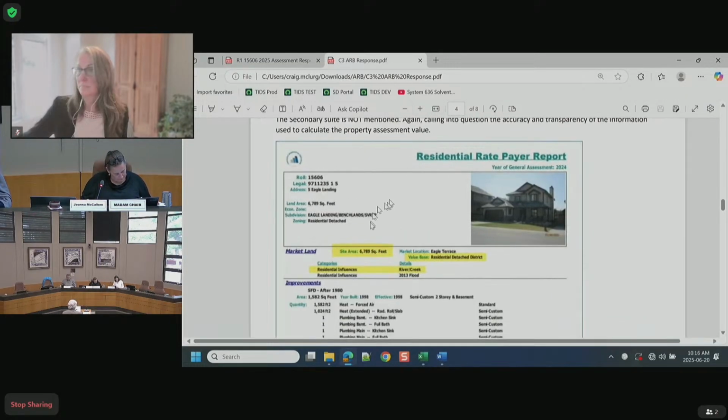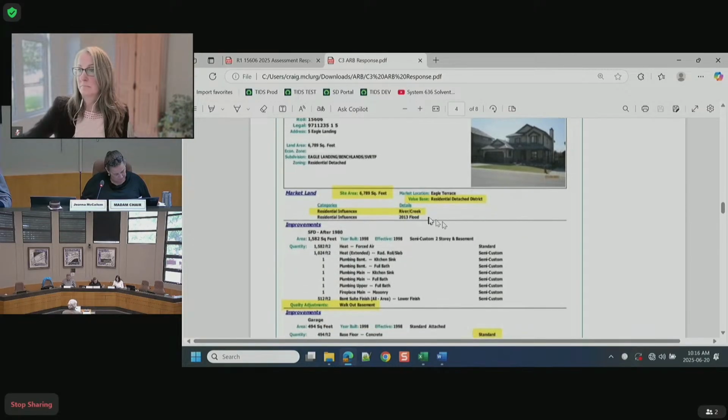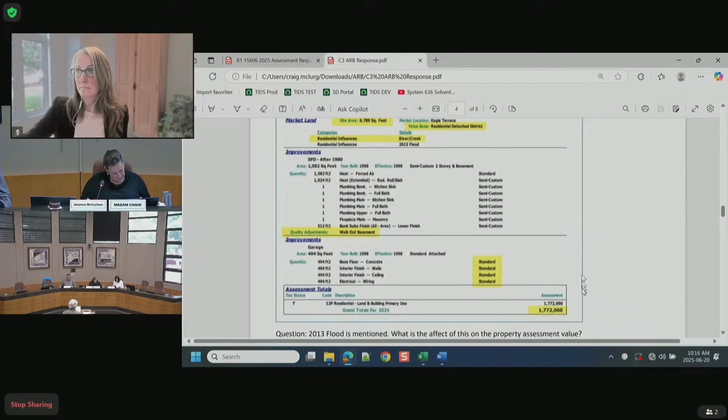So I've got this area. I am a value base in the residential detached district, and I back onto a creek, and I have a walkout basement. It's a semi-custom home. The garage is standard, and here is the assessed value. There are no details about how this assessed value was obtained.